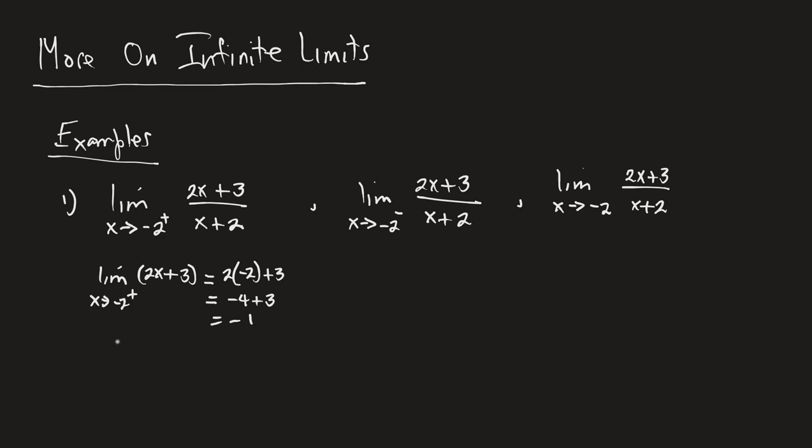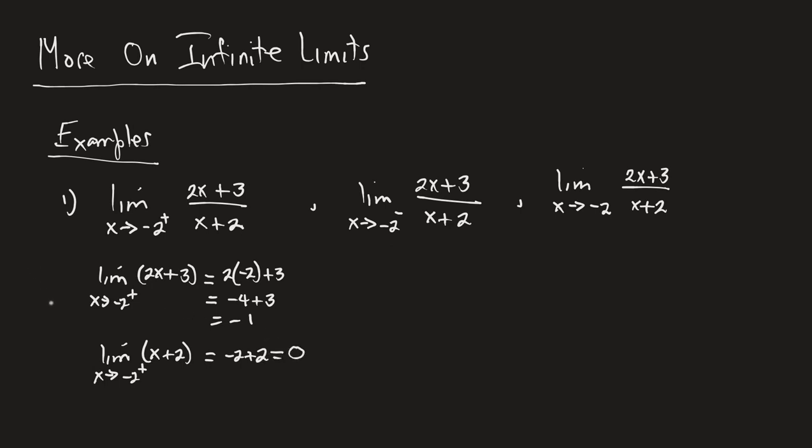What about the denominator? So now let's look carefully at this. The limit as x approaches -2 plus of another linear function. The problem though with this linear function in the denominator is that when I evaluate it at -2, I end up with 0.